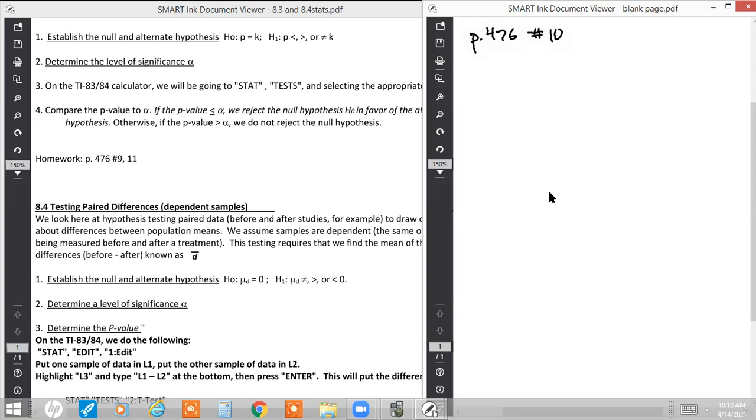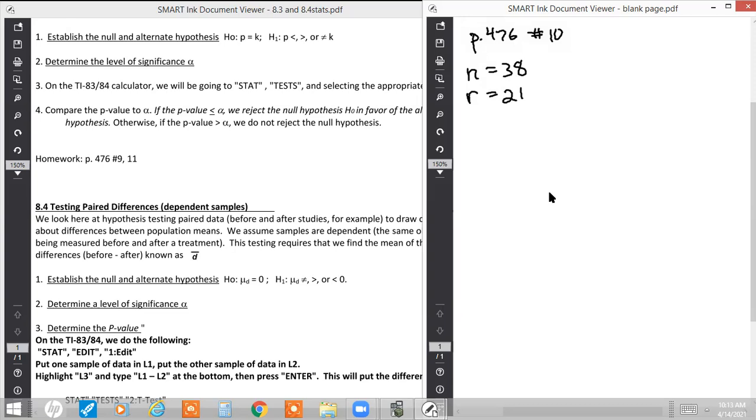This is concerning graduation rate. Women athletes at the University of Colorado Boulder have a long-term graduation rate of 67%. Over the past several years, a random sample of 38 women athletes, so N is 38, showed that 21 eventually graduated, the number of successes.